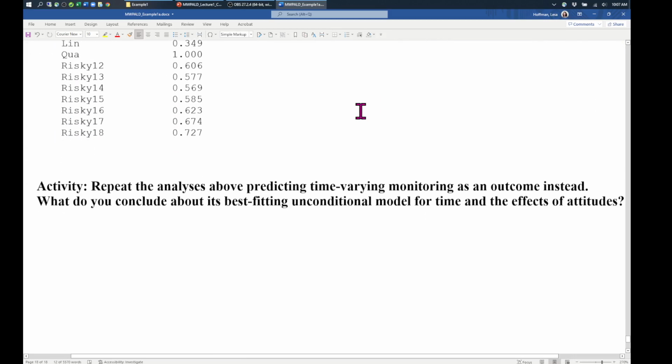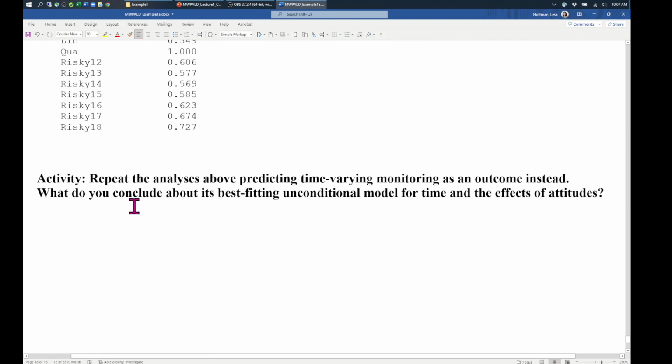So the activity that I had suggested one can do is to predict time-varying monitoring as an outcome instead. So rather than predicting risky behavior, predict time-varying monitoring and tell me if you end up at the same place. And if you don't want to do that right now, that's fine with me. If you do want to do that right now, I'm happy to hang out.